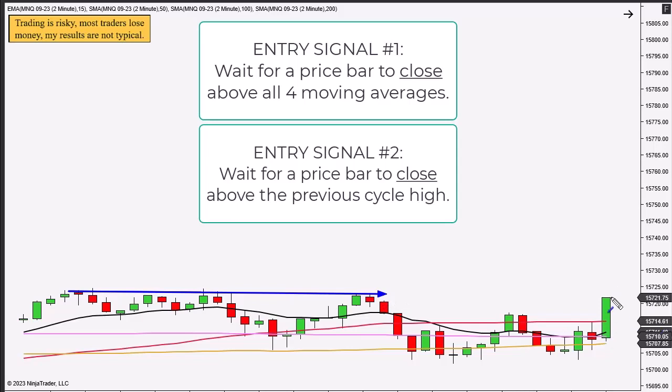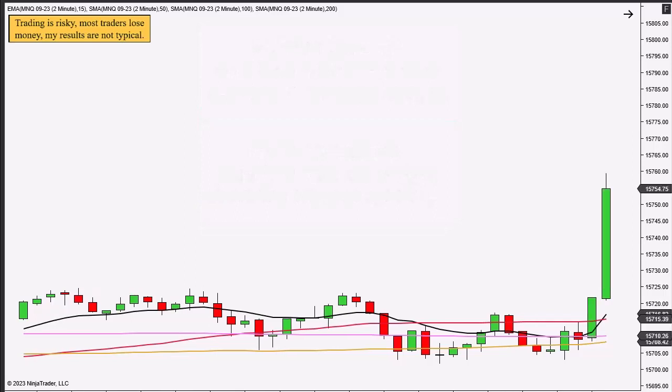So here you'll see that, yes, we broke above the upper moving average, and the previous high now is down here. And it broke above that. Oh, one last little rule 2B, we'll say, is that it must not only break above the high, but it must close above the high of the previous high. So that close is very important.